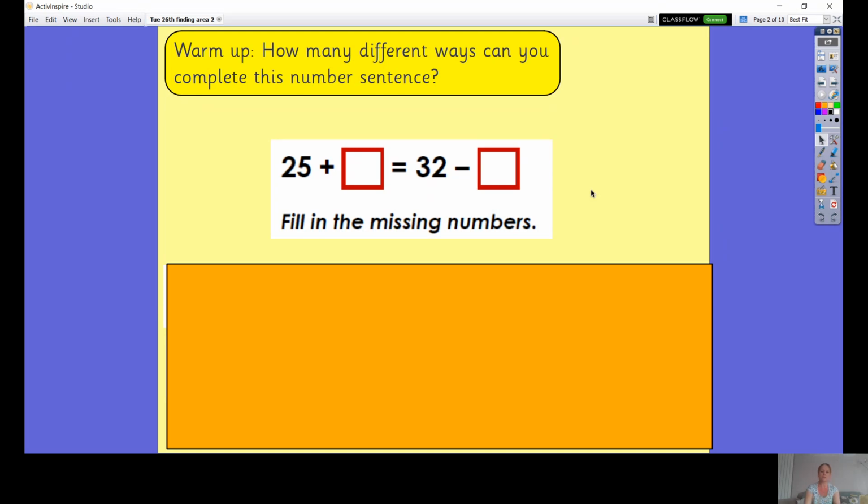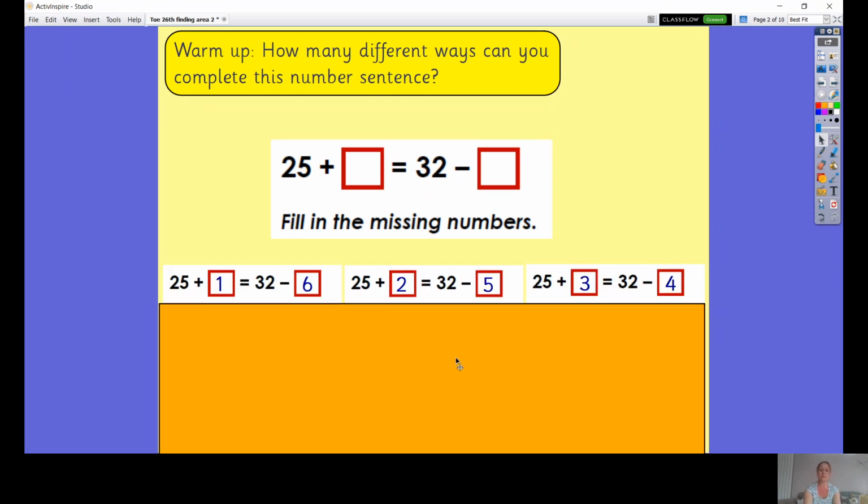Okay, so let's have a look at some of the possible answers. I thought I'd go really easy on my first one, and I just decided to stick a 1 in there, because let's be honest, we don't want to make it too difficult for ourselves. So I did 25 plus 1, and that made 26.